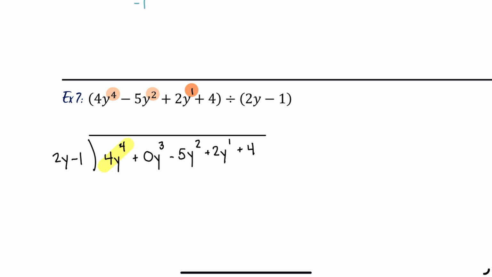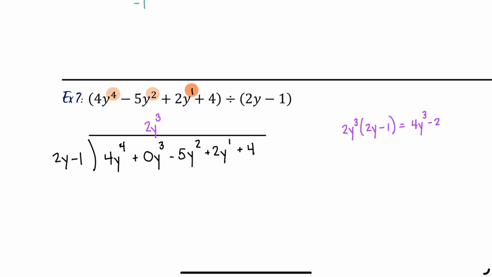I'm going to take 4y to the 4th and divide it by 2y. That's going to give me 2y cubed. I'll take 2y cubed and multiply it through 2y minus 1. That will leave me with 4y cubed minus 2y.